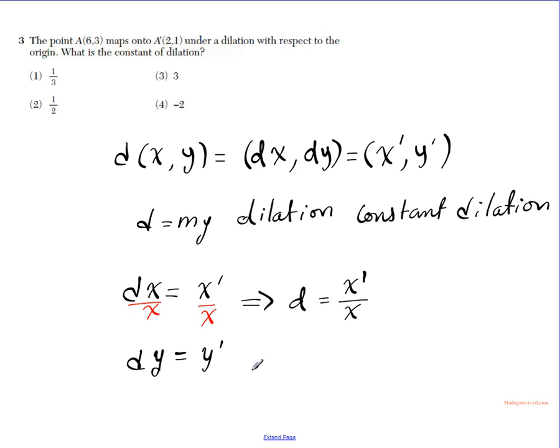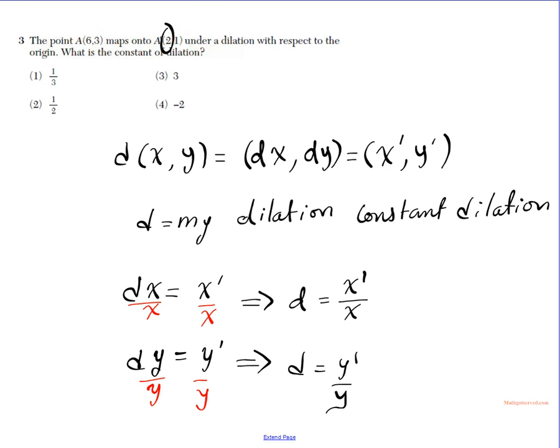Or if I wanted to use the y coordinates, which is exactly the same thing, I'll divide both sides by y, because I'm looking for d, my constant of dilation. d is simply y prime over y. So if I wanted to find my constant of dilation, I can just take this and divide it by that, or take this and divide it by that, and that gives me my answer.